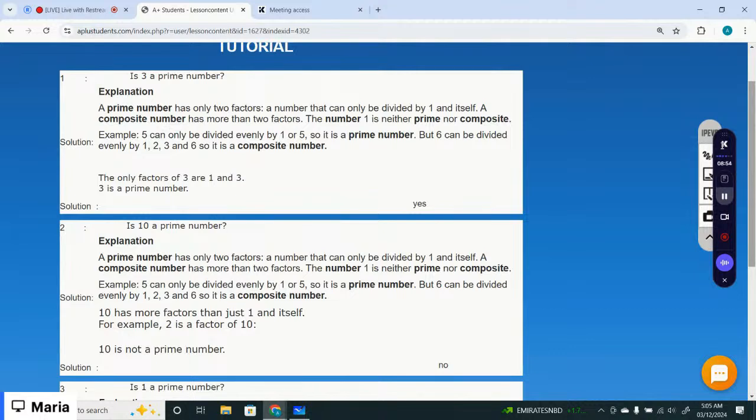One times 10 is 10, and 2 times 5 makes 10, right? So 10 is not a prime number because 10 has more than two factors. So 10 is a composite number.